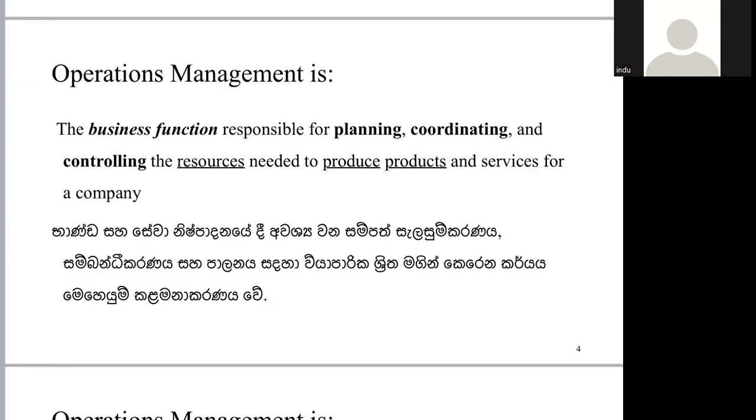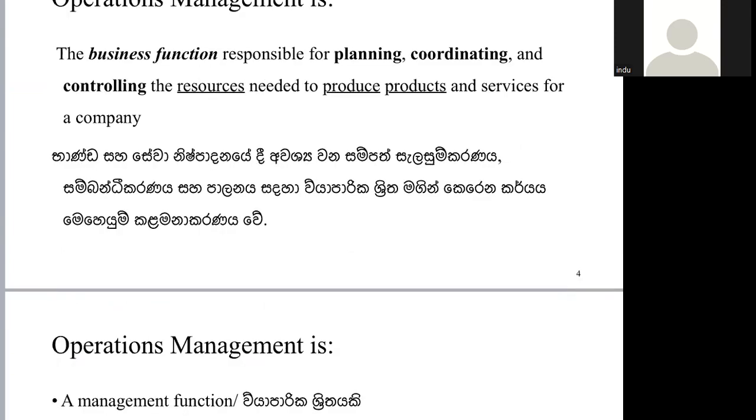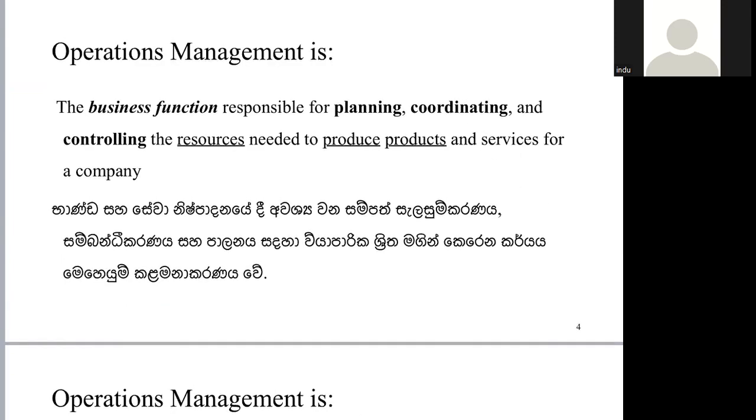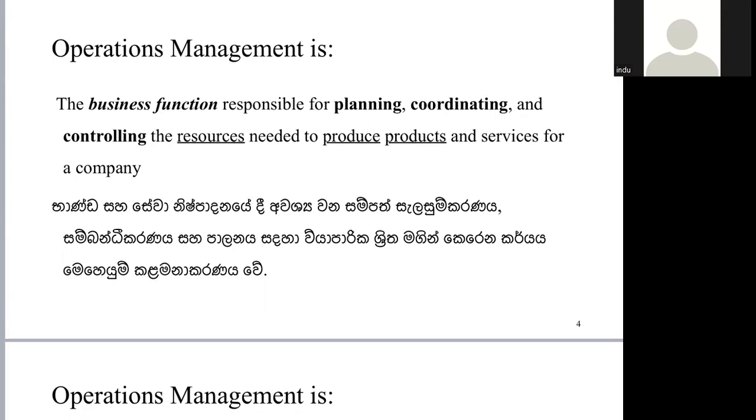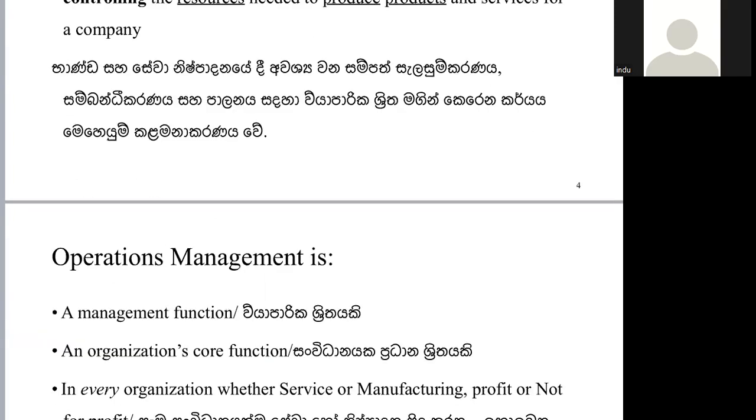This is the common meaning of operations management: a business function responsible for planning, coordinating and controlling the resources needed to produce products and services for a company or organization.